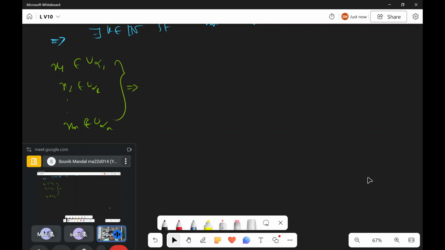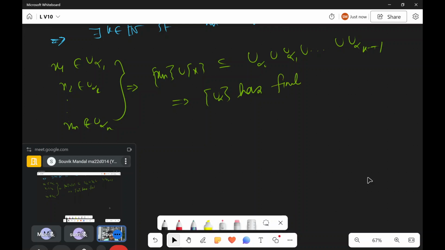So this tells that the sequence Xn union x lies entirely inside U alpha naught, U alpha 1, dot dot dot, U alpha k minus 1. So this tells that this open cover U alpha has a finite subcover. So this is the whole argument.